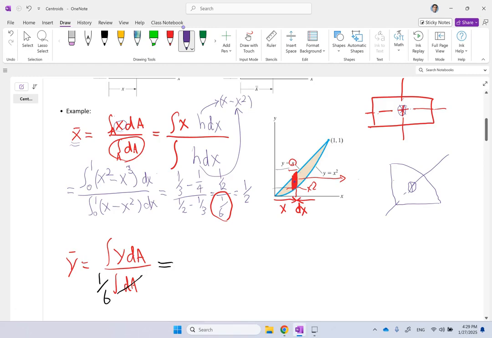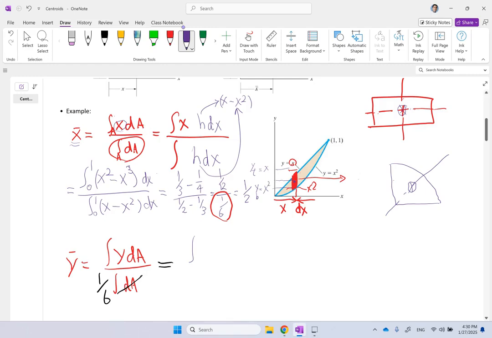If that's the case, this is going to be integral of. So the y that I have to use for that element is the y average of that element. And what is that? Remember, the top point, y of it is x, the bottom point, y of the bottom, is x squared.